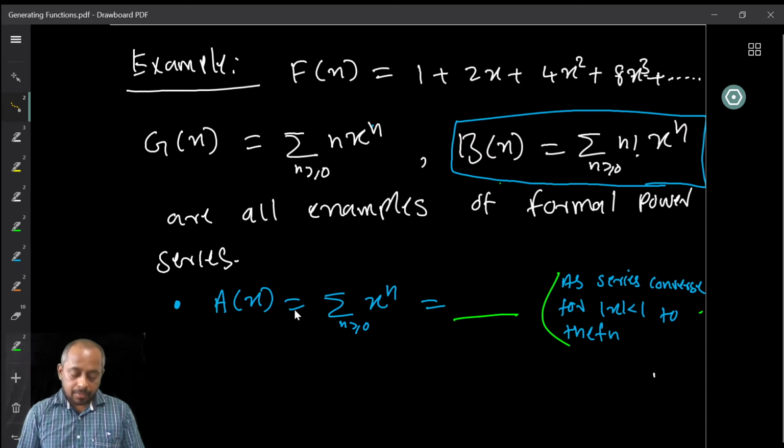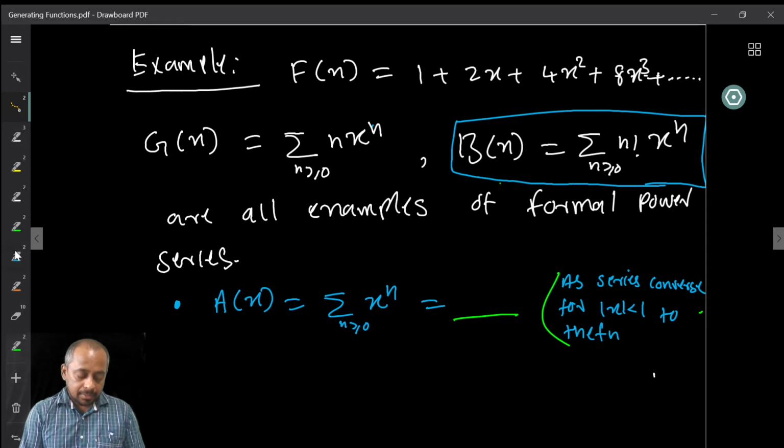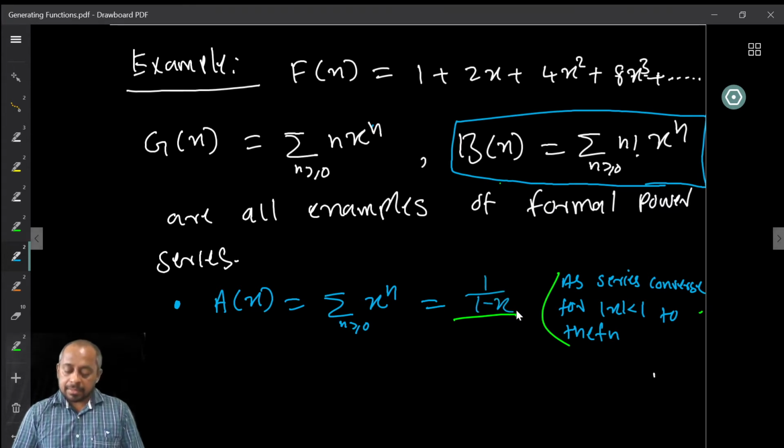Now, if you look at this series a(x) equal to the summation over n greater than or equal to 0 of x raised to n, you already know that it is 1 by 1 minus x, because the series converges. We already have verified in calculus that for mod x less than 1, this converges to the function 1 by 1 minus x.